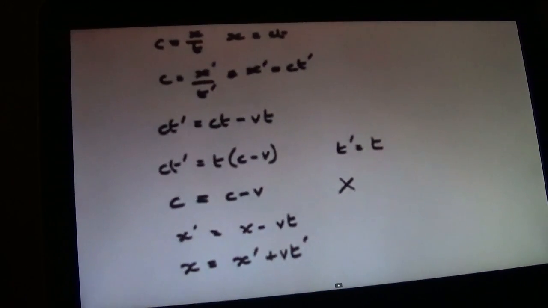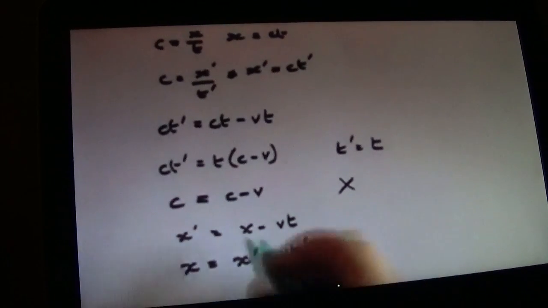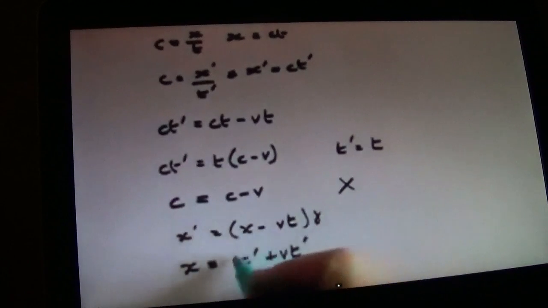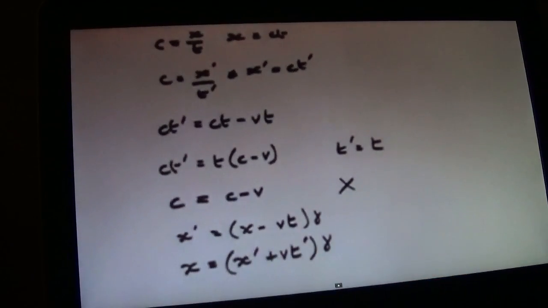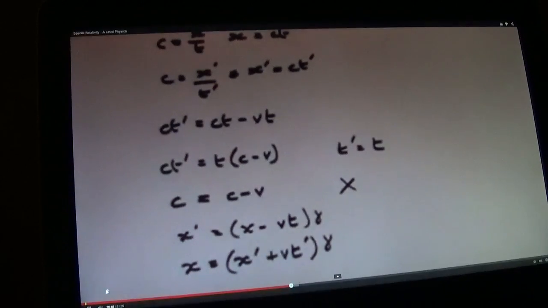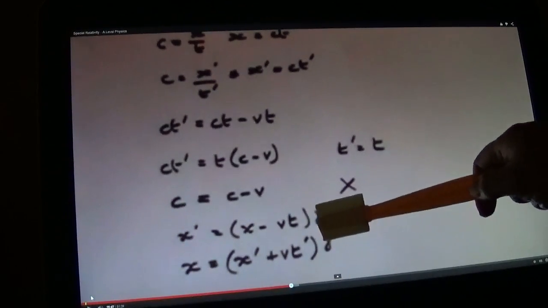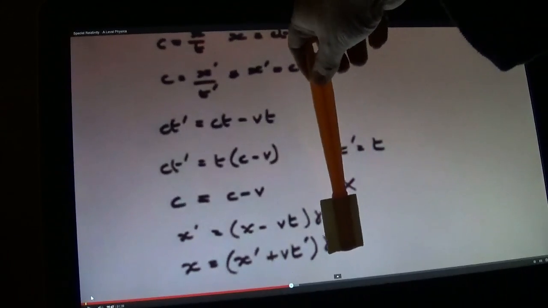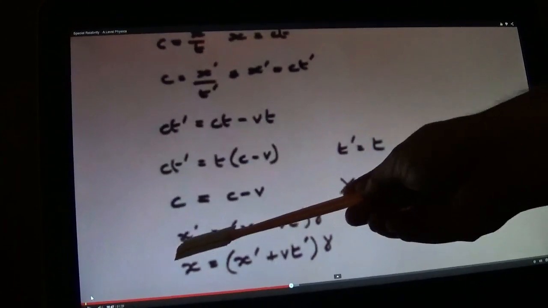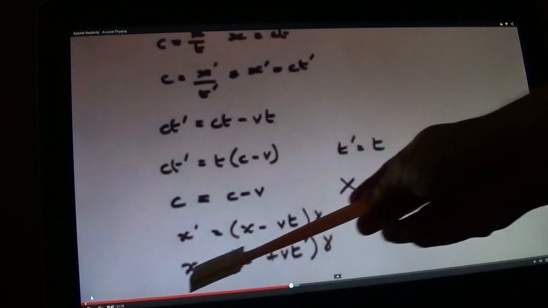But something's gone wrong. So we are going to take these two terms and we're going to put an error term in them. Essentially, we're going to multiply both by an error term called gamma. We're going to say somewhere we've made a mistake. So without the gamma term, that is the Newtonian physics equation.